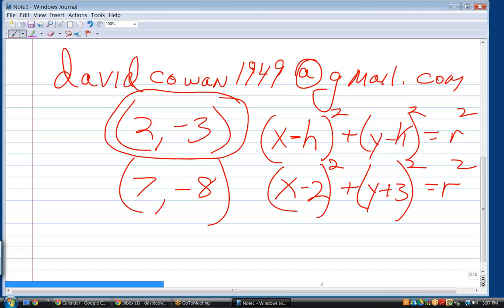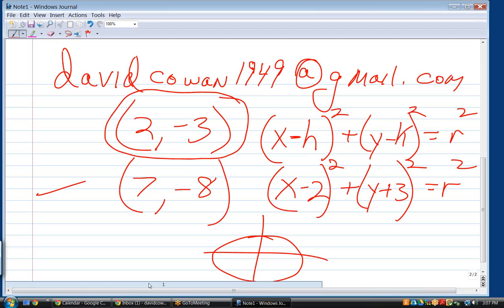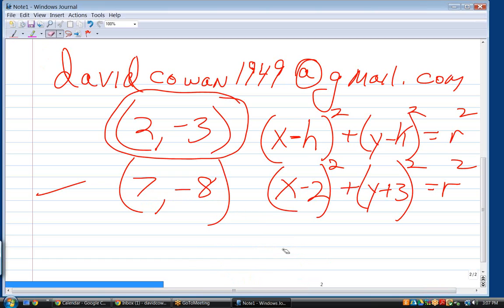Yeah, we don't know the radius yet. But they also give us a point on the circle. Now, when you have the equation of a circle, it's only for points that are on the circle. So if this point is on the circumference of the circle, then I know that when x is 7, y is minus 8.